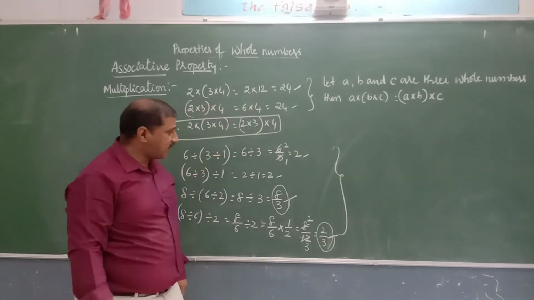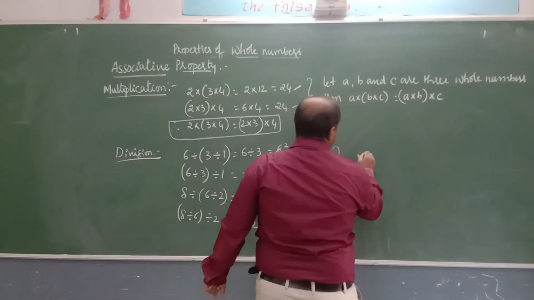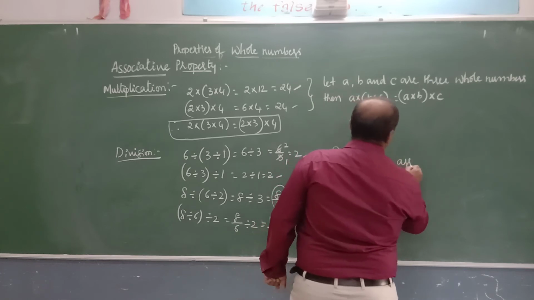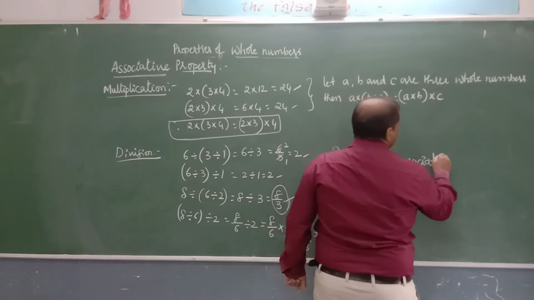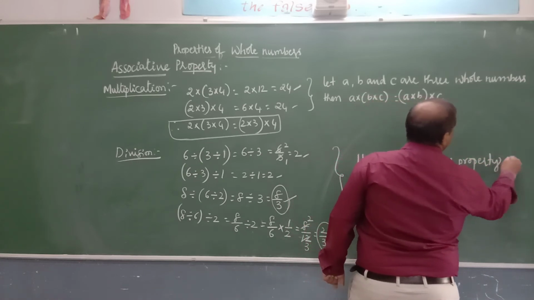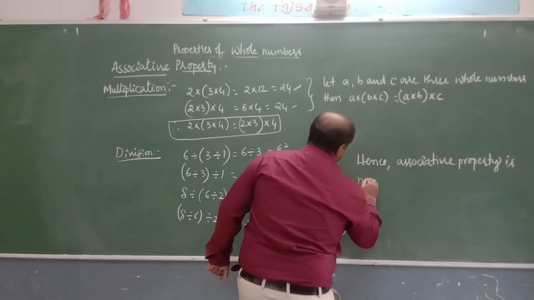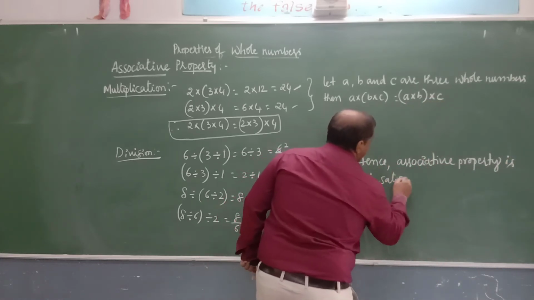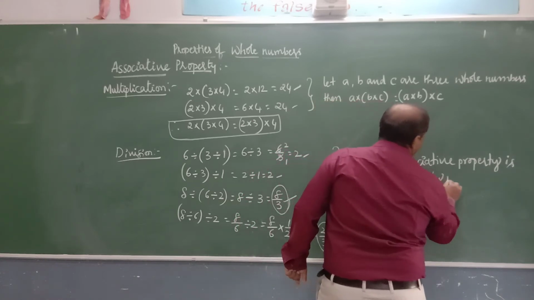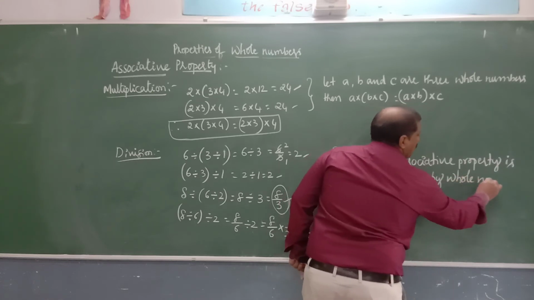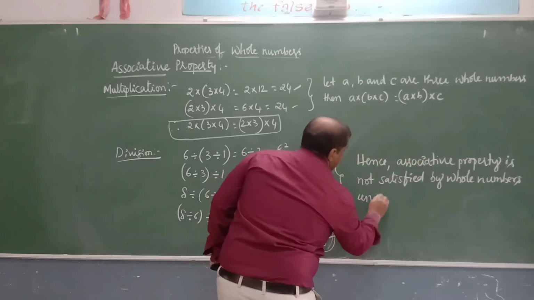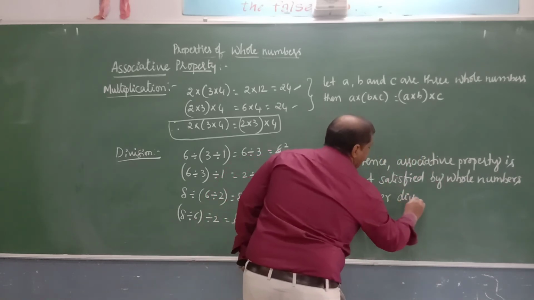So from this what we can conclude? Hence the associative property is not satisfied by whole numbers under division.